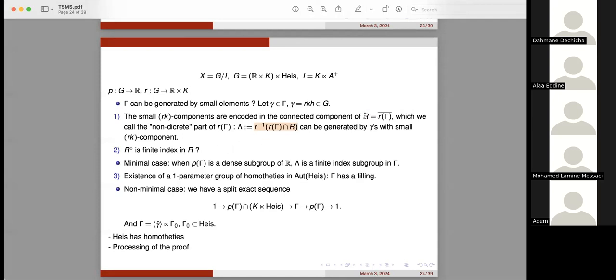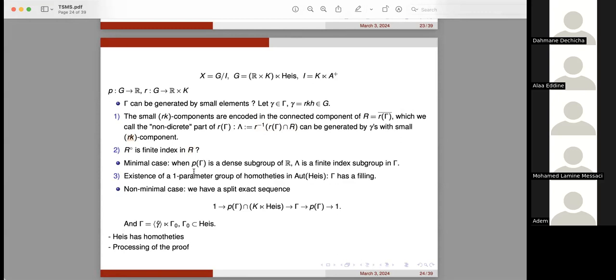So here, if R has finitely many connected components, then I can find a finite index subgroup of gamma which can be generated by elements which have a small RK component.